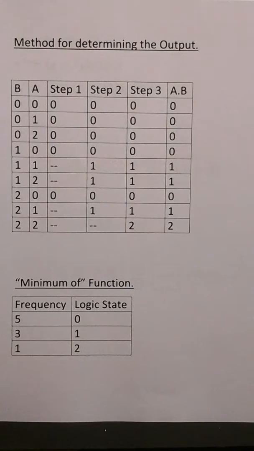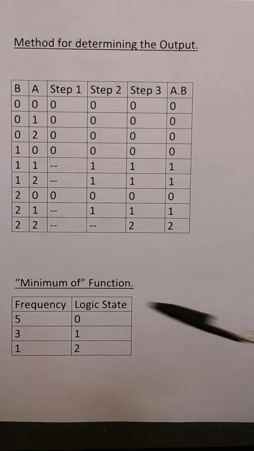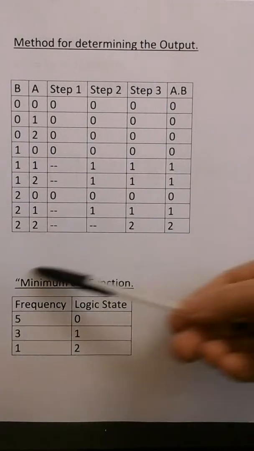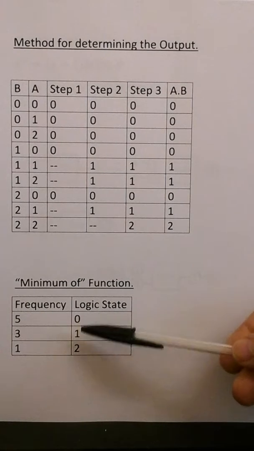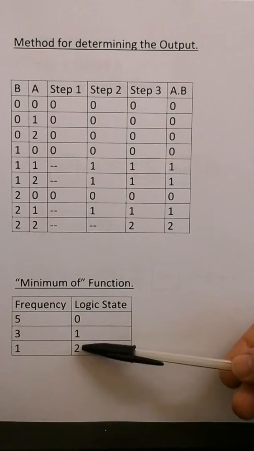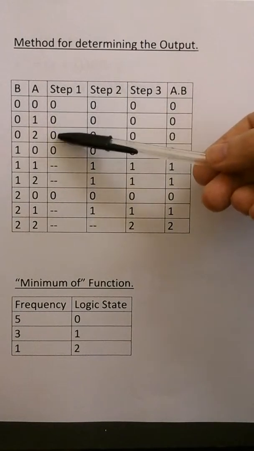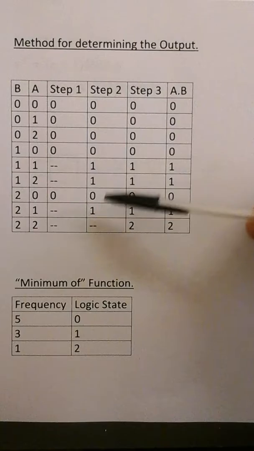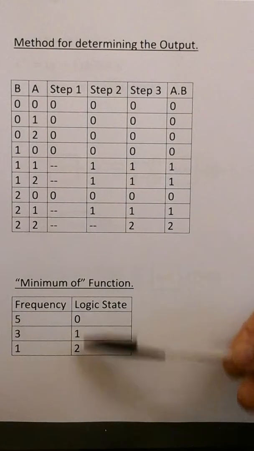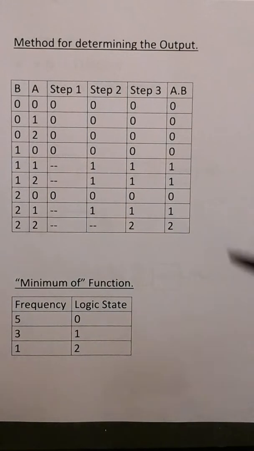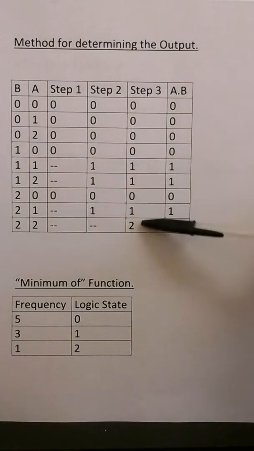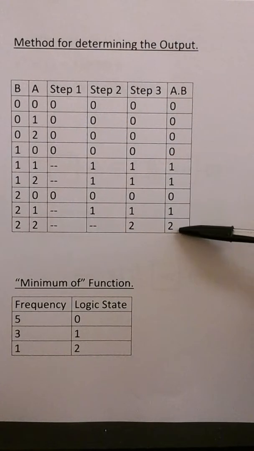So this method works for any function. All you need is the frequency table, and you work in order of the frequencies, and you fill them in in the order that they are presented. So this is the minimum function. You can see the output there is equal to min A B.